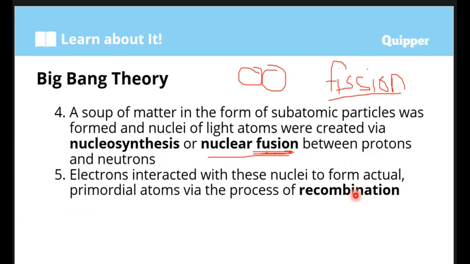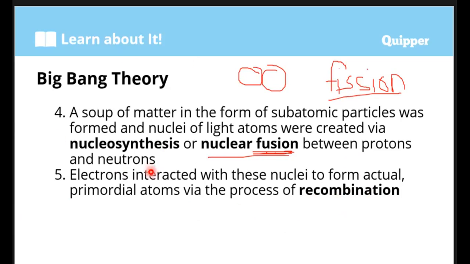Then in the Big Bang theory, the electrons interacted with these nuclei to form actual primordial atoms via the process of recombination. So later on, I'll be introducing to you how these things make sense, or how these things were able to form a particular universe in the process of stellar formation, or star formation.